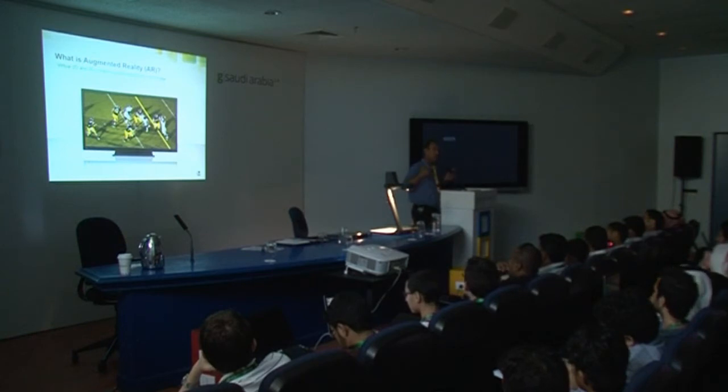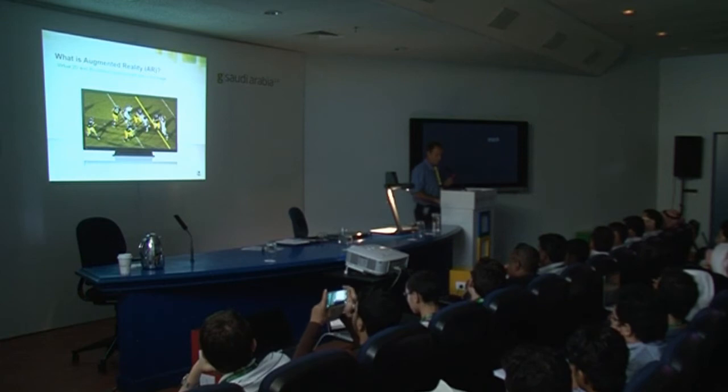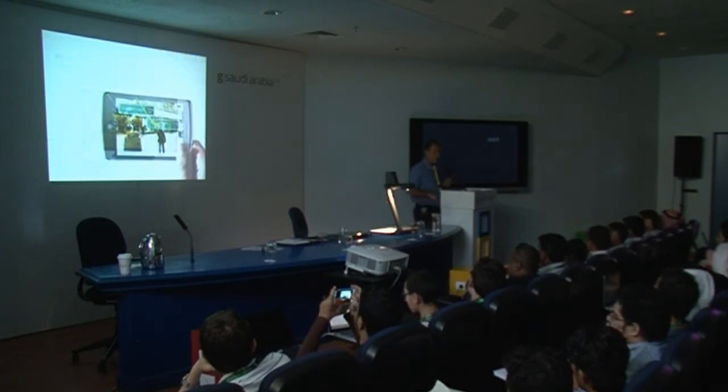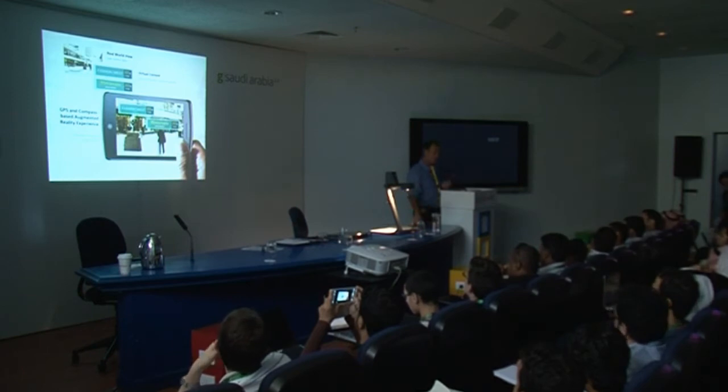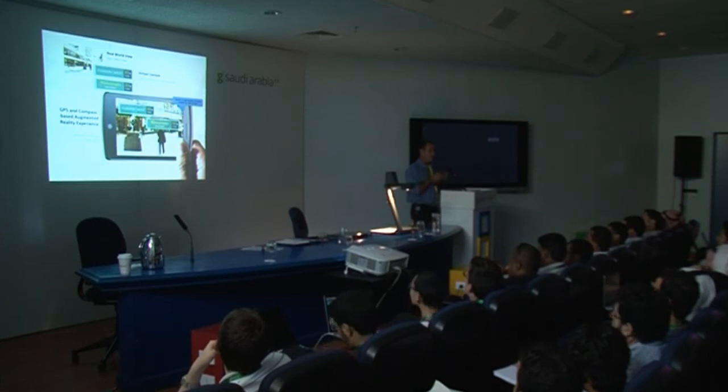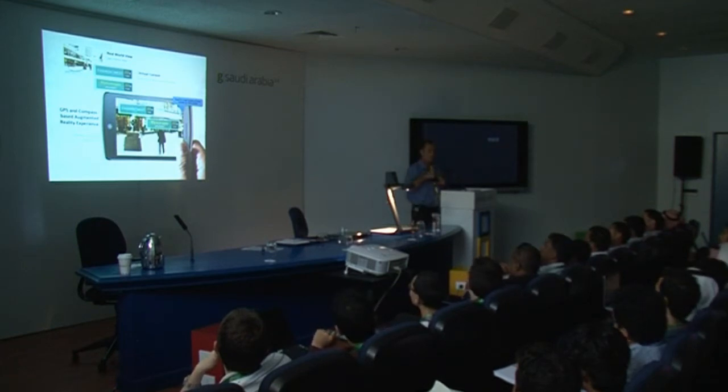What is new is coming to the mobile environment, because it is very challenging in the mobile environment. And so the first examples of augmented reality we have seen were location-based augmented reality. Things like Wikitube, you have a smartphone, so you have a screen, you have a GPS, and you have a compass. The camera gives you the view, the GPS gives you your location, and the compass gives you your direction.